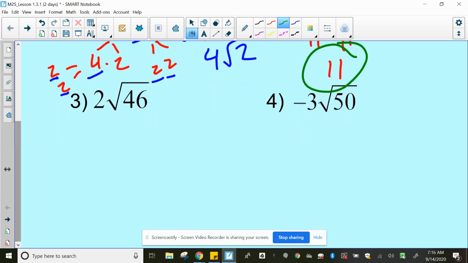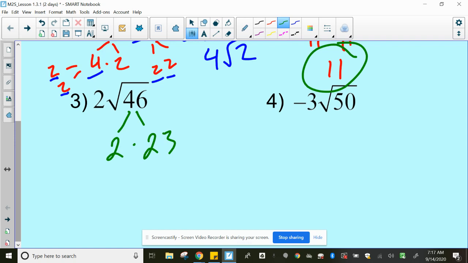We also did ones where we had numbers in front, like 2 root 46 or negative 3 root 50. If we were simplifying 2 root 46, we're not going to do anything with the 2 in front. We're just going to break down this 46 into its factors. If you don't know your factors of 46 off the top of your head, maybe you start with 2 times 23.